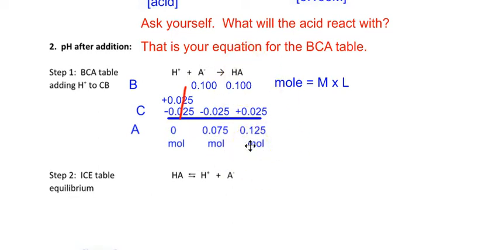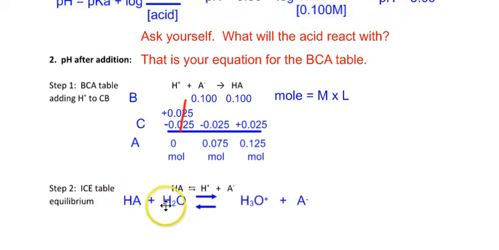So now what? Now we have an ICE table, and this is where we're now in equilibrium. So this is my new beginning situation. Hang on for a second. I retyped this so it looks a little bit like what we're quite used to. I put the water in it instead of leaving it like this. I have the hydronium ion. And now what is my initial condition of A-? It's 0.075 moles, but wait a minute.